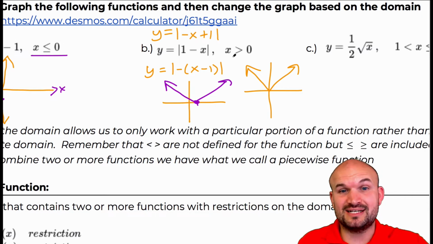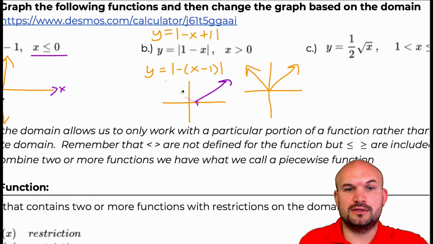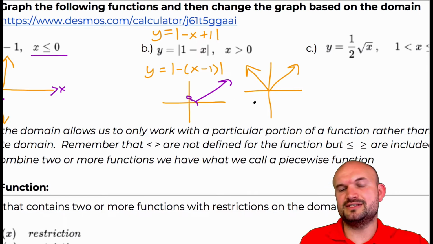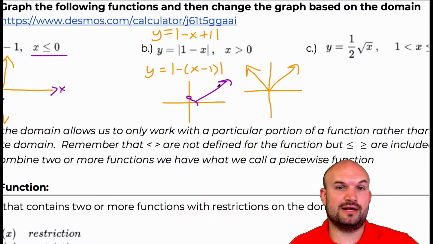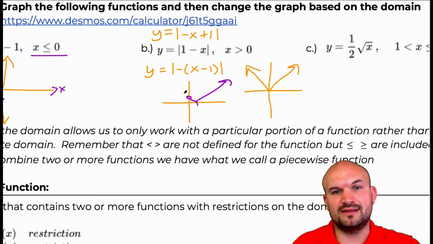That's important because at x equals 0, there's now going to be a hole. It's not going to be defined. So I'll try to erase it, but I'm not going to get all the way there, so I'm going to have to redo that. So now at x equals 1, there's going to be a hole, and it's going to continue like that. So it's very important to understand that when you have the inequality greater than or less than, but not with the equal, then that's not going to be a defined value.